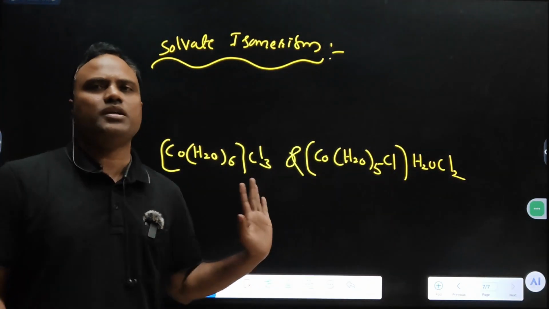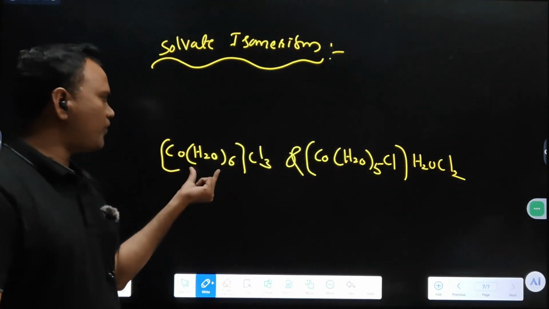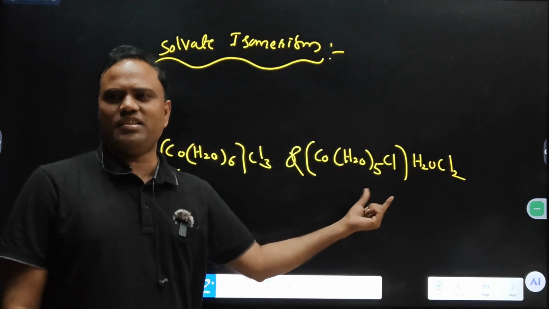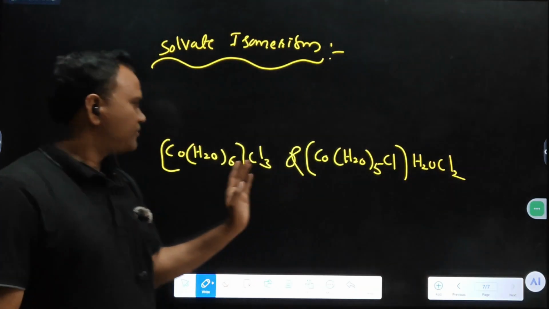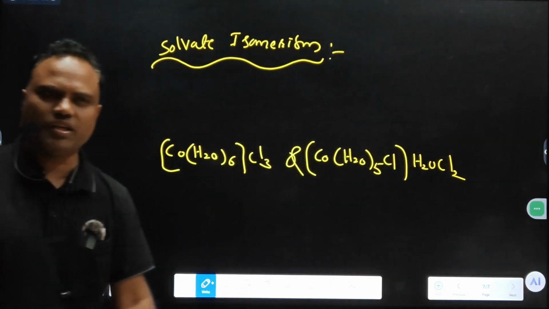Here the molecular formula is the same. 1 cobalt, 6 water molecules, here also 6. One is inside, one is outside. 3 chlorines, 3 chlorines. 1 chlorine is inside, 2 chlorines are outside, right?